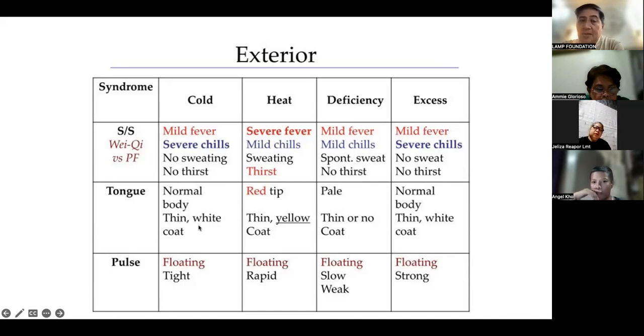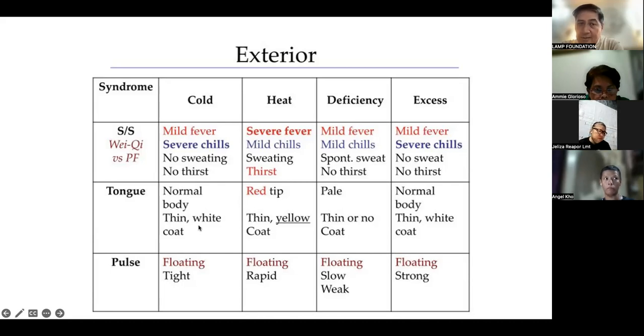Okay? Pag deficiency, exterior, ha? Mild fever, mild chills, puro mild. Spontaneous sweating, ibig sabihin kahit hindi mainit, pinapawisan, no thirst. While yung excess din, mild fever, severe chills, mas malakas.